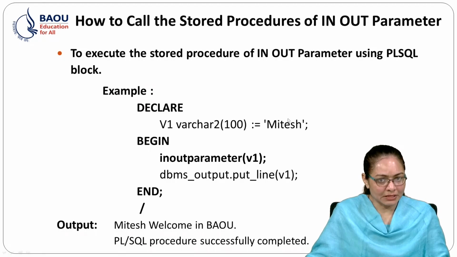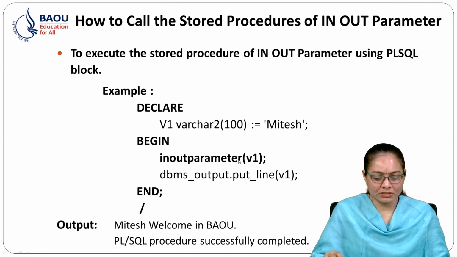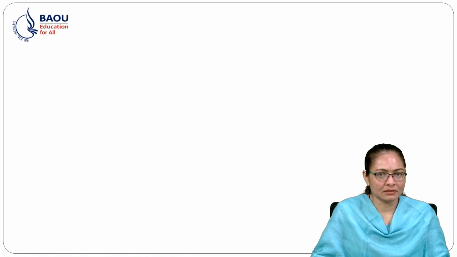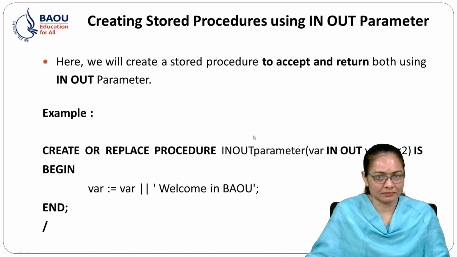So, this Mitesh value is stored in v1 and then we pass it to the procedure, which is passed here in this variable, and Mitesh is combined with the welcome in BAU because of the pipeline.